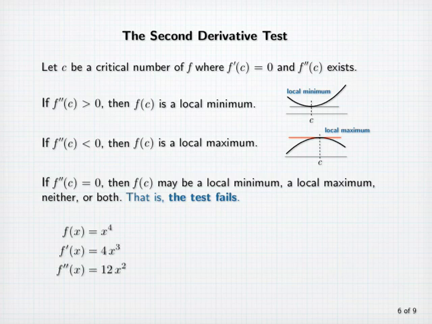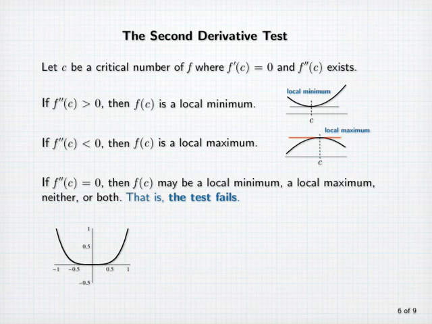For example, consider f of x equals x to the fourth. Here f prime of 0 is 0, and 0 is the only critical number, and f double prime of 0 is also 0. And the graph of the function is always concave up, and f of 0 equals 0 is a local minimum. In fact, it's a global minimum.